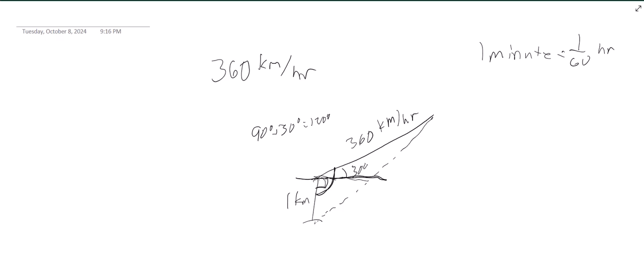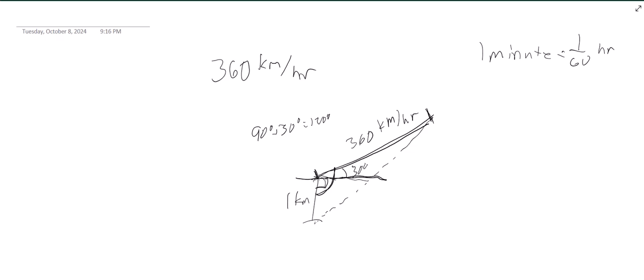And we know that the distance on this side, we're traveling at 360 kilometers per hour. So what will this distance be at a given time?